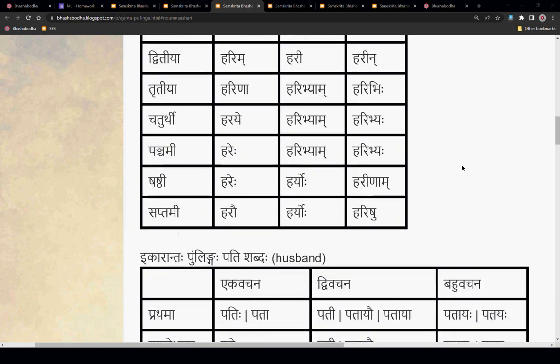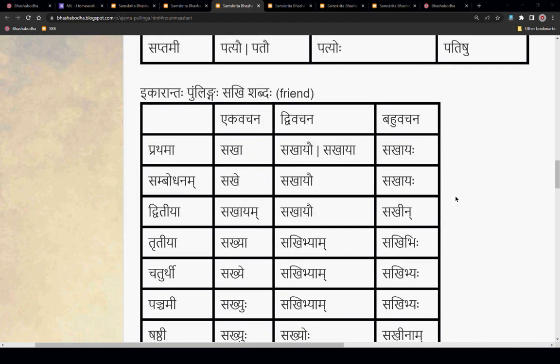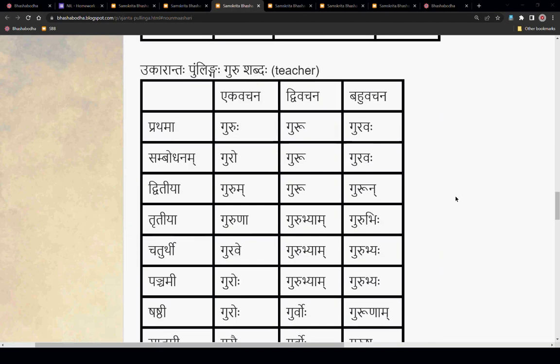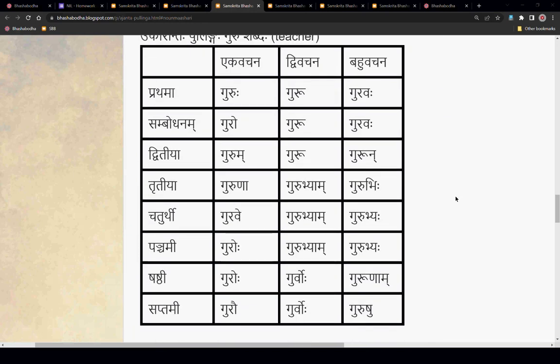So Hari, E, Harehe. Similarly, you go to U, Guru, it is changing to O. The Uchcharana sthanam of U is Oshtha. O is Kanthoshtha.